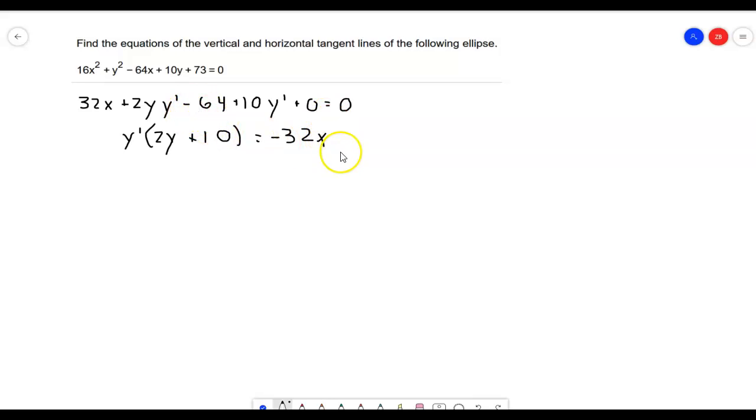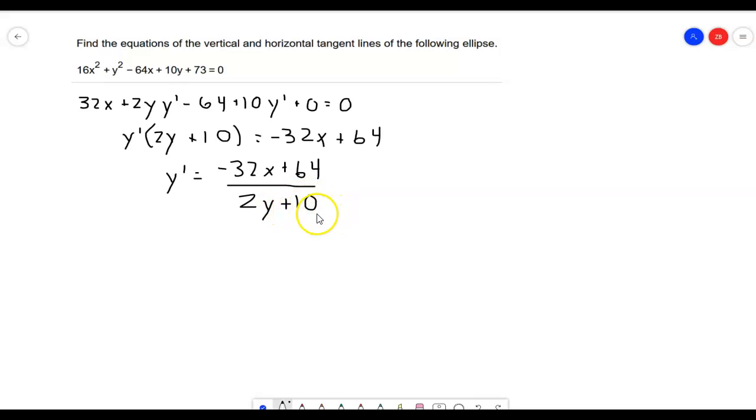And I'll also bring over that 64, so that's a plus 64. And then finally, I'm going to divide both sides by the 2y plus 10. So I should get that y prime, or you can write that as dy over dx, is equal to (-32x plus 64) all over (2y plus 10).